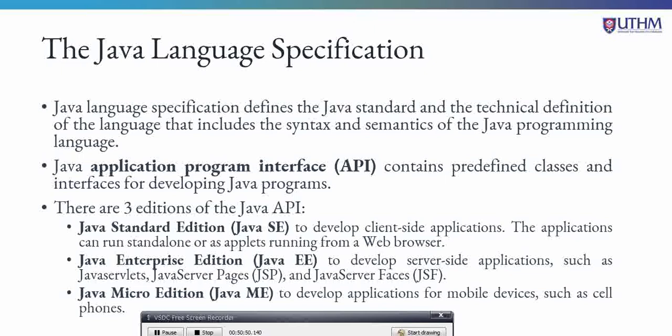So simply put, the Java language specification is the manual of Java: how to use Java, how to use certain classes or methods that come along with the Java predefined classes. You can just Google Java language specification.